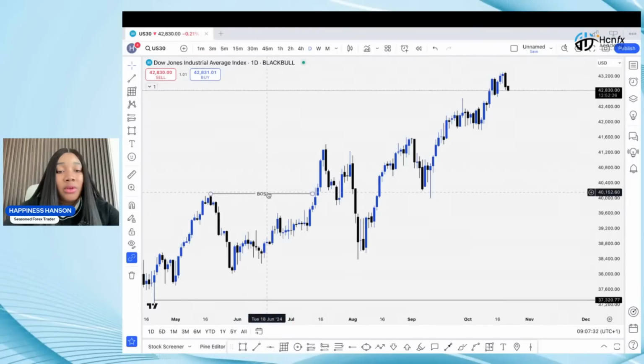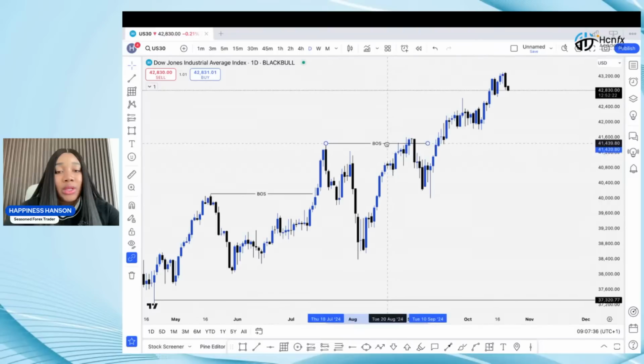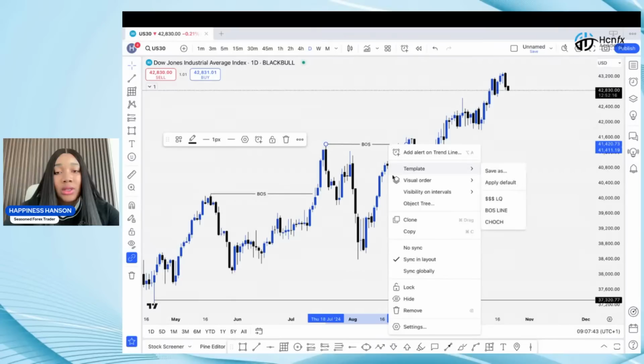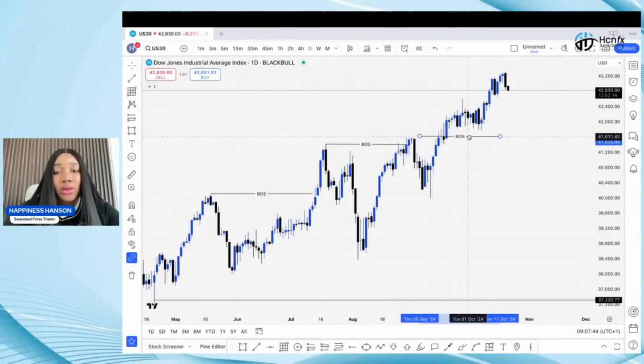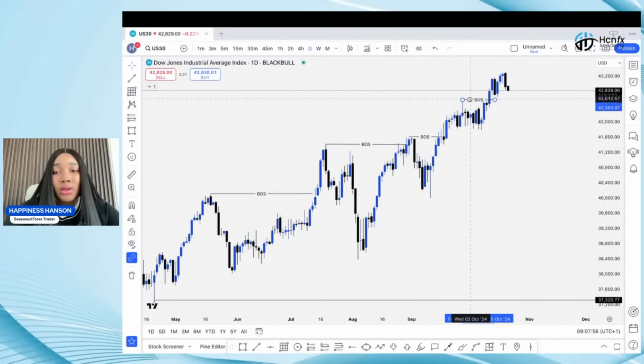So we have a break of structure here to the upside, another break of structure here to the upside, and we also have another break of structure here. We have another break of structure here to the upside and this here.